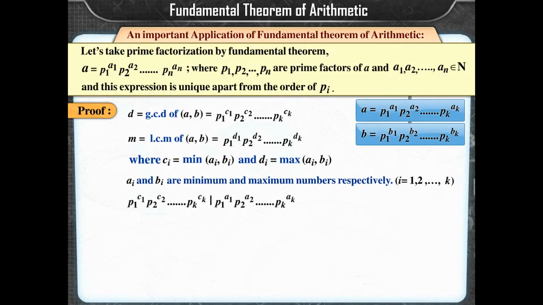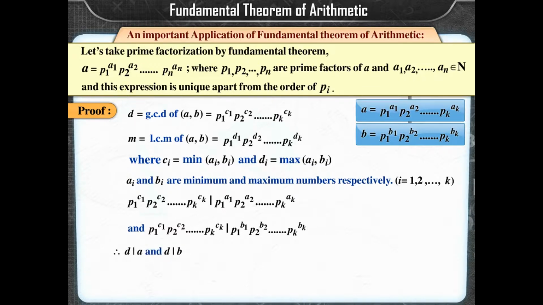p1^c1 × p2^c2 up to pk^ck divides p1^a1 × p2^a2 up to pk^ak, and p1^c1 × p2^c2 up to pk^ck divides p1^b1 × p2^b2 up to pk^bk.